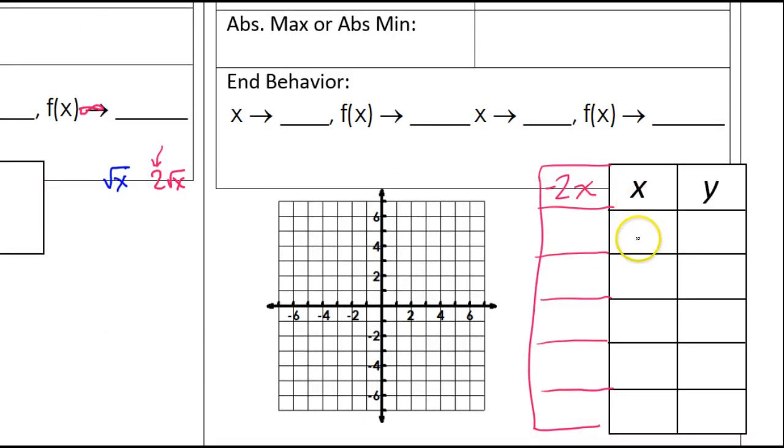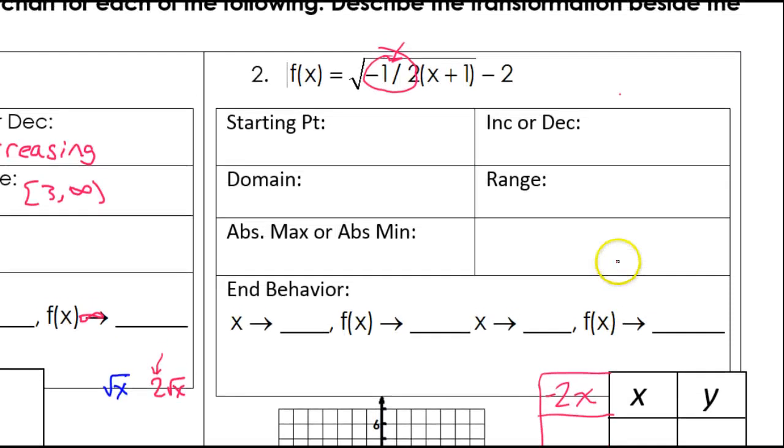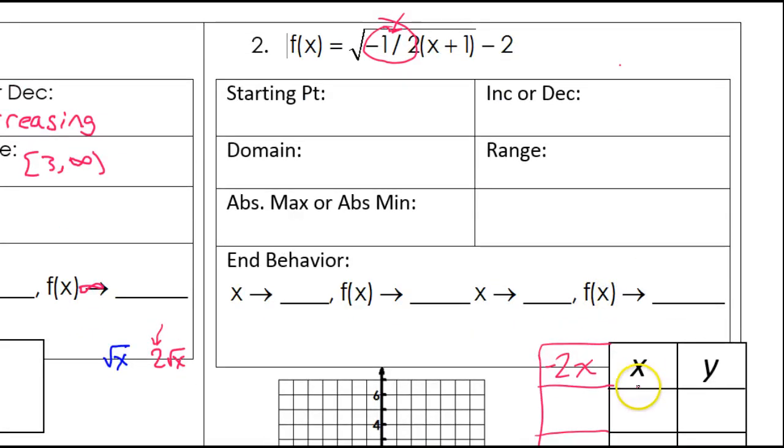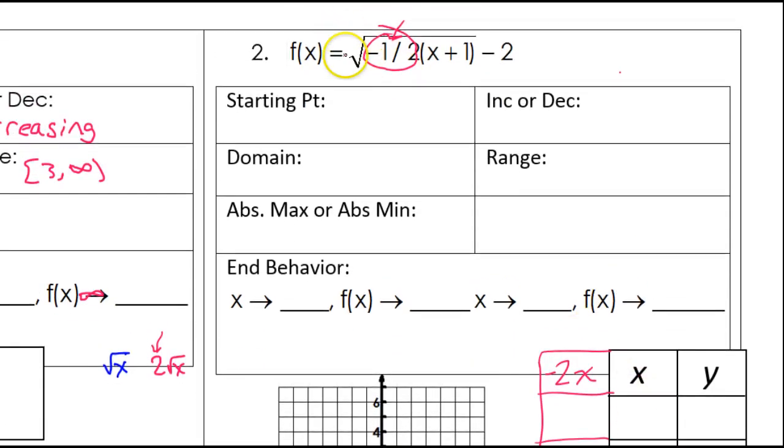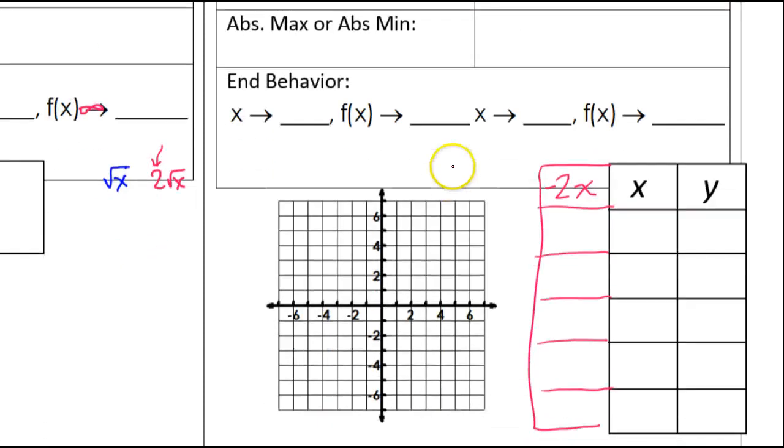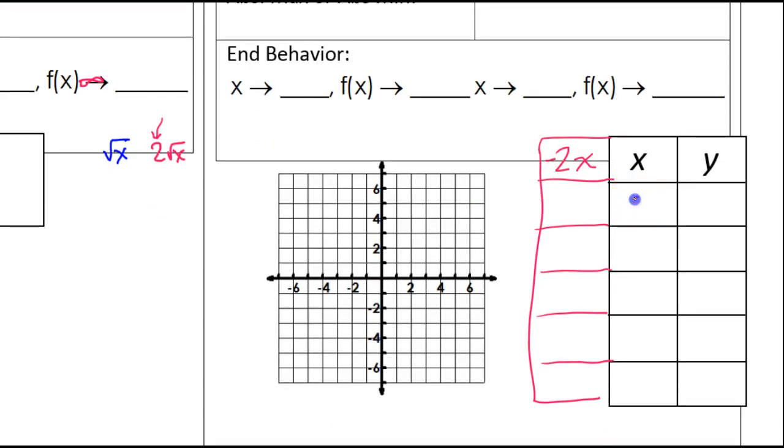So first, we're going to start with the same X values that we always use for square root. All right, we always use 0, 1, 4, 9, and 16. And for the Y values, we're taking the square root of X, so that's going to always be 0, 1, 2, 3, and 4.